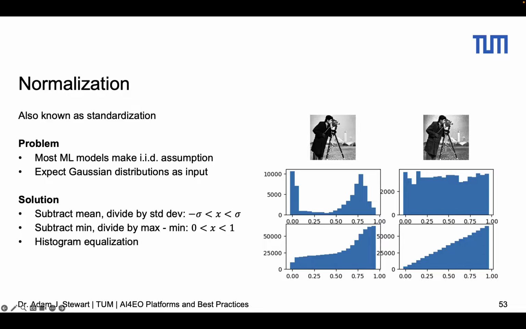You've thrown away all of the unique features of this image by squishing them all in the same space. So typically we compute our mean, our standard deviation, our min, our max on the entire data set, but only on the training split, not on validation or test.